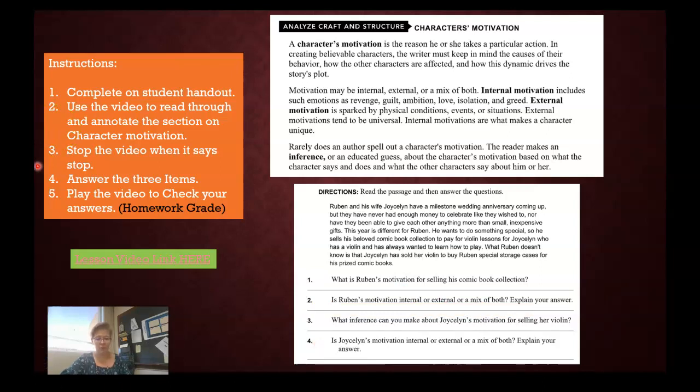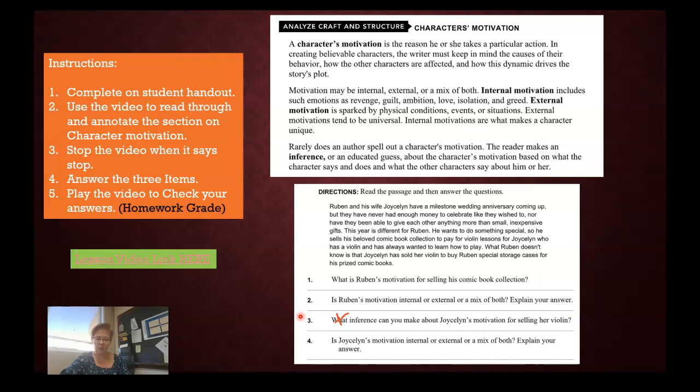All right, so number 3. What inference can you make about Jocelyn's motivation for selling her violin? So remember, we're going to use RA. We're going to turn this into an answer. So we're going to get rid of all the question words. So we're going to get rid of what.